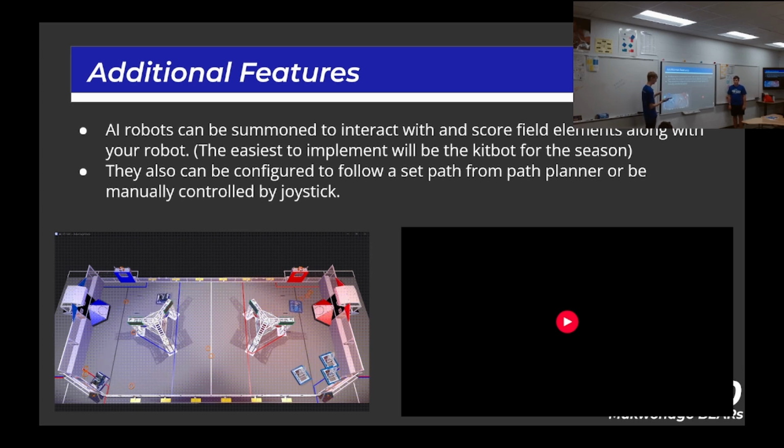You can sync that up with this and have robots running long auto paths if you want to see them do something specific, and they can also score stuff like that. So that's a really neat thing MapleSim can do that gets you more realism on the field while being completely simulated.